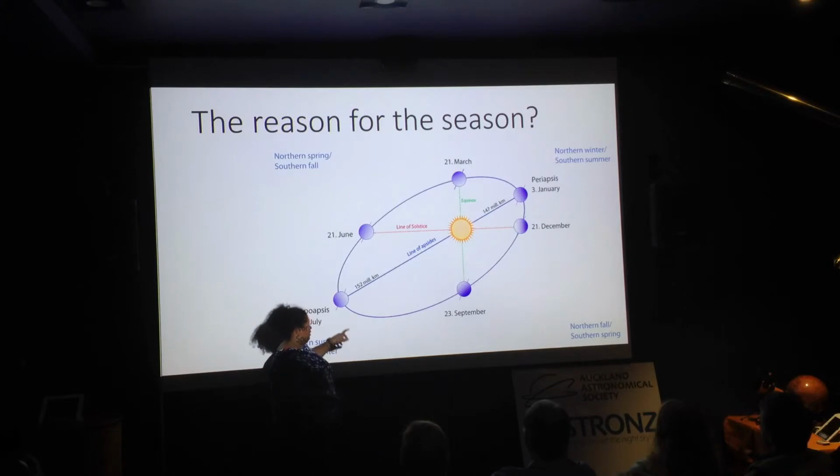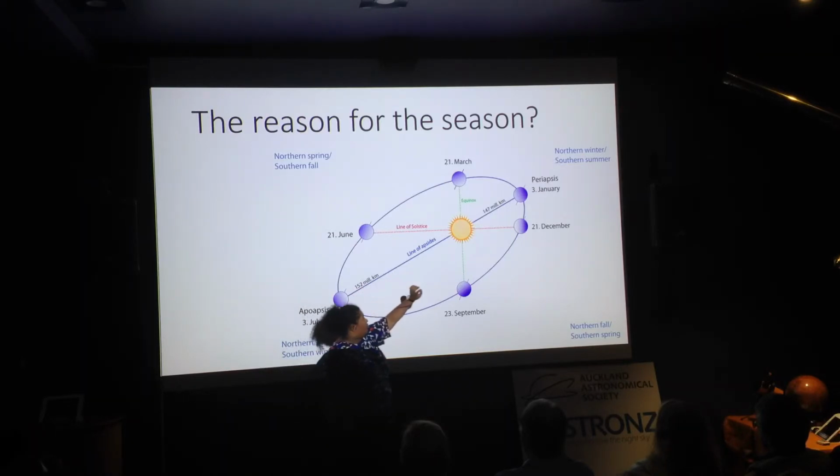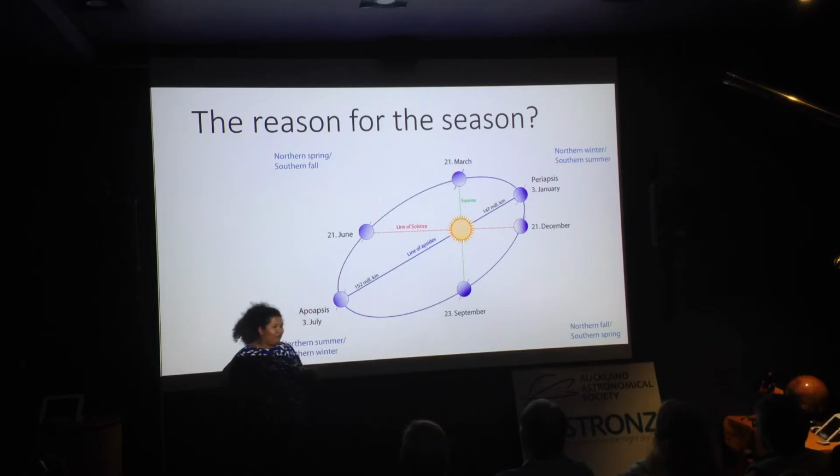For you to see the difference, our furthest point away from the sun, we call that the aphelion. It's only 152 million kilometers away, whereas our closest point at perihelion to the sun is 147 million kilometers away. So that's only a 5 million kilometer difference, but slightly exaggerated so that you can see what's happening.